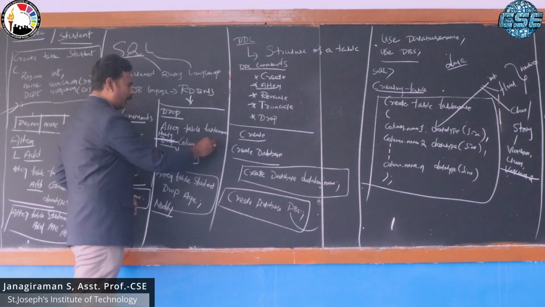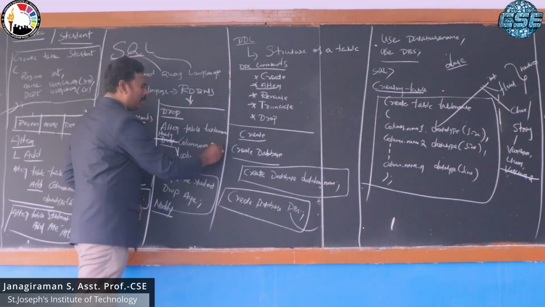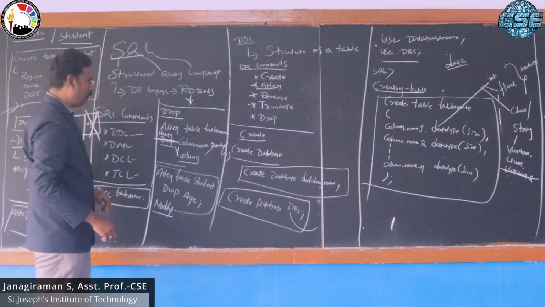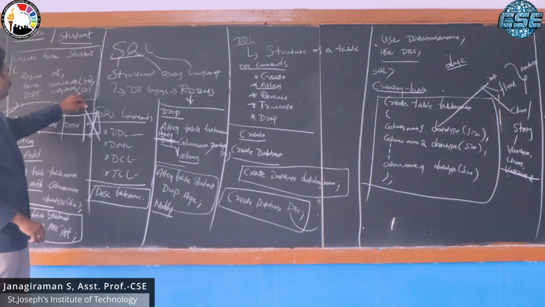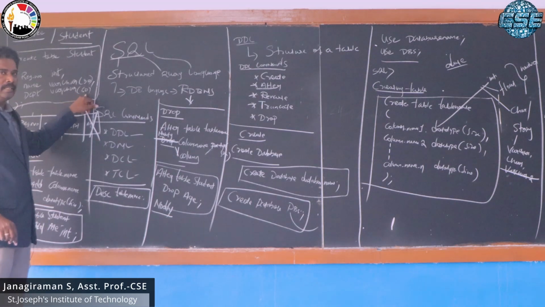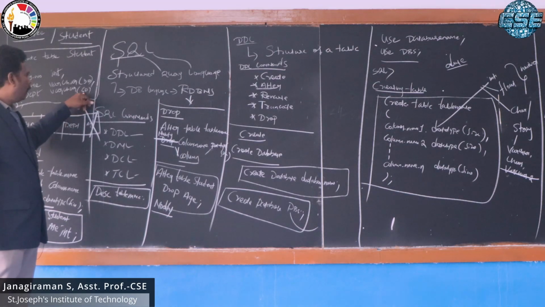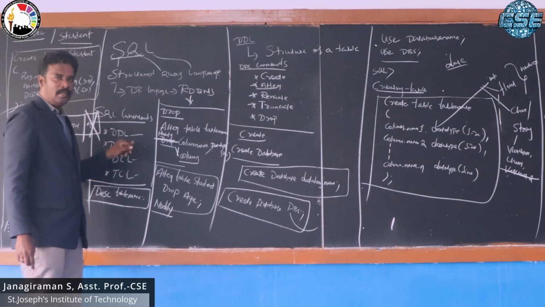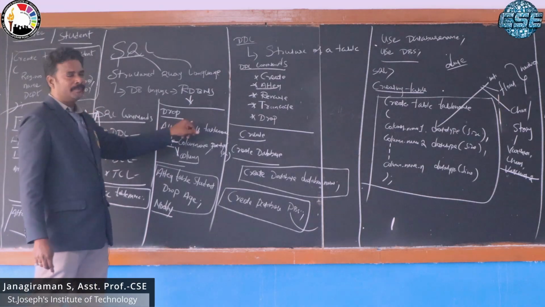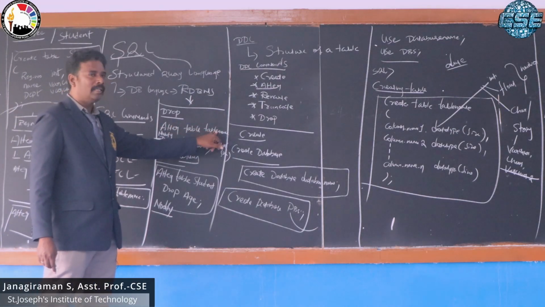Then after the column name, you can use the data type which you want to modify, and the size as well. For example, here I gave a department size as 50. If you want to modify this size into 60, what you can do now, probably you can use an alter command: alter table name.